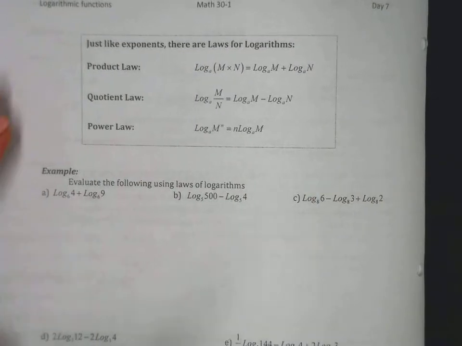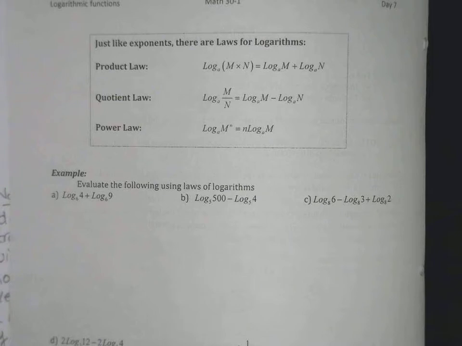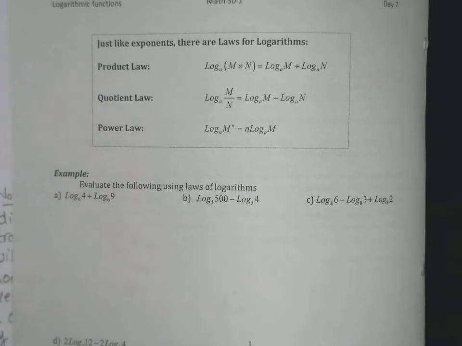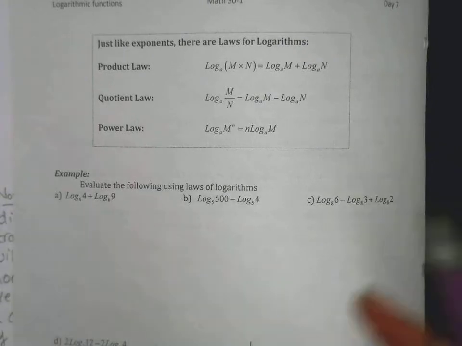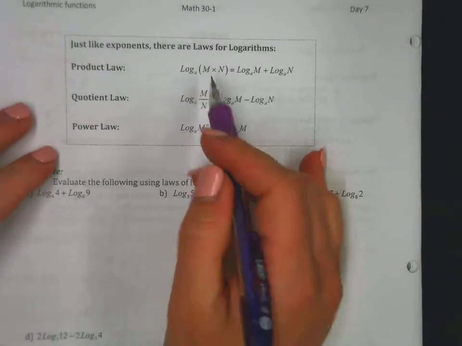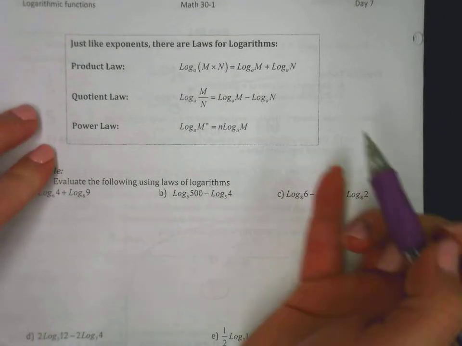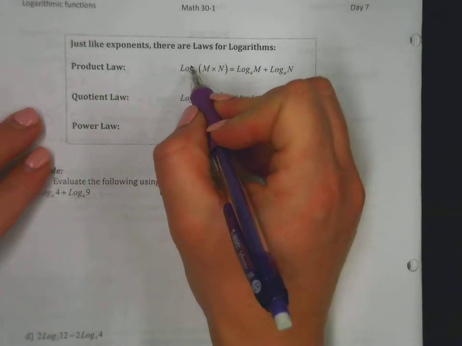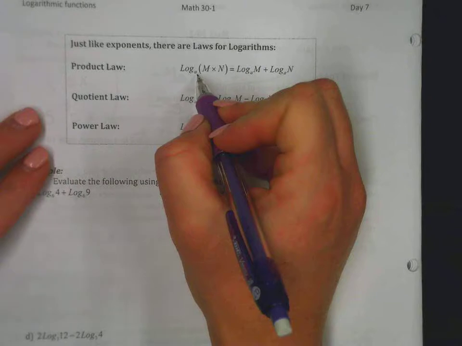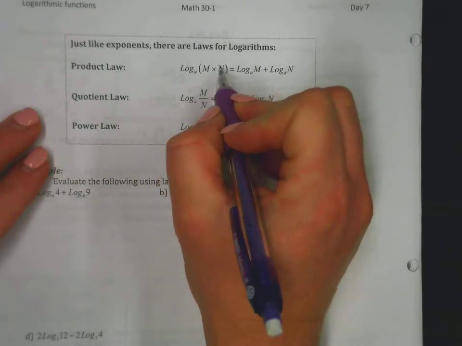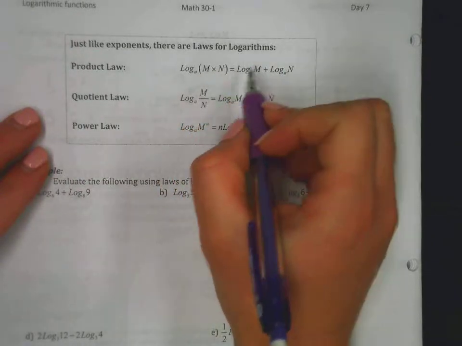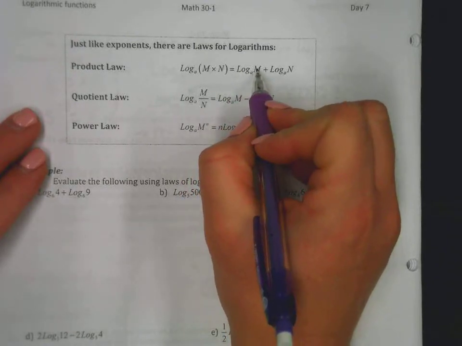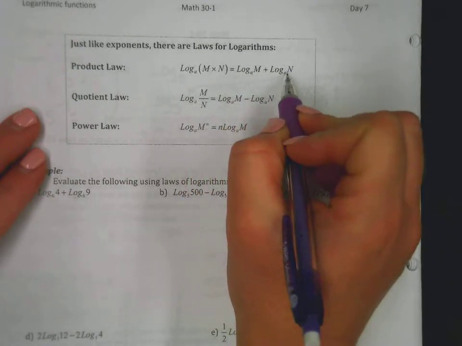Just like the exponent laws, we have laws for logarithms. There are 3 laws that we have to remember. I believe these are all on your formula sheets. The product law: if we take a log base a, so any base, and we're multiplying 2 values together, that can be rewritten as log base a of m plus log base a of n.